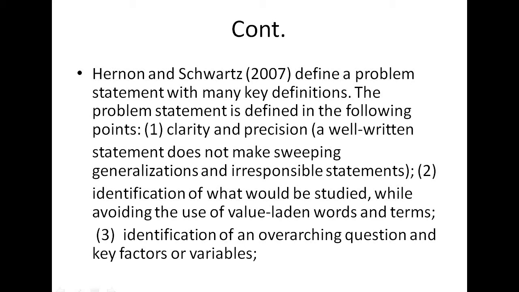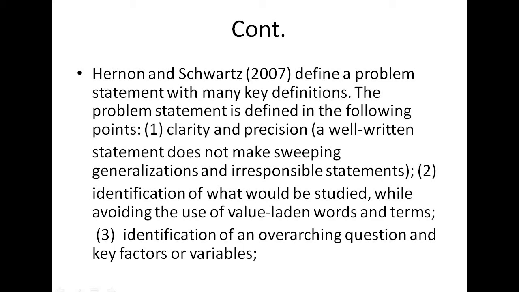Number 1, clarity and precision. It means it is clear. The problem statement should be very clear, and the person who is reading it must not be confused. It must be to the point, precise.